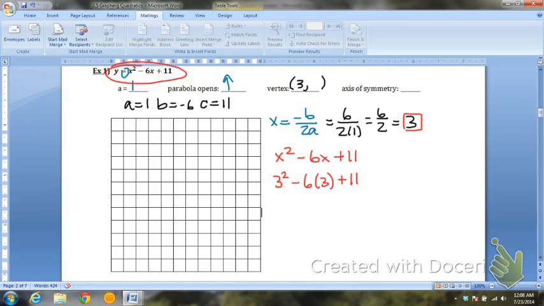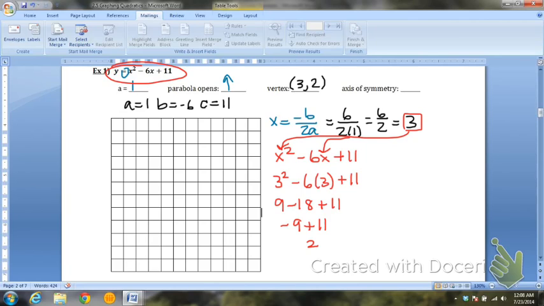Again, we took this 3 that we found by doing opposite of b over 2a, and we plugged it in for x into our equation. So I get 9 minus 18 plus 11. 9 minus 18 is negative 9 plus 11. Negative 9 plus 11 is a positive 2. So that means the second coordinate of my vertex is a positive 2.